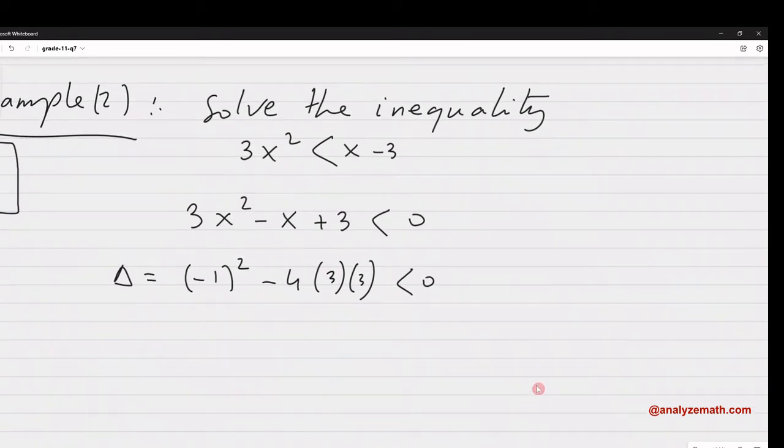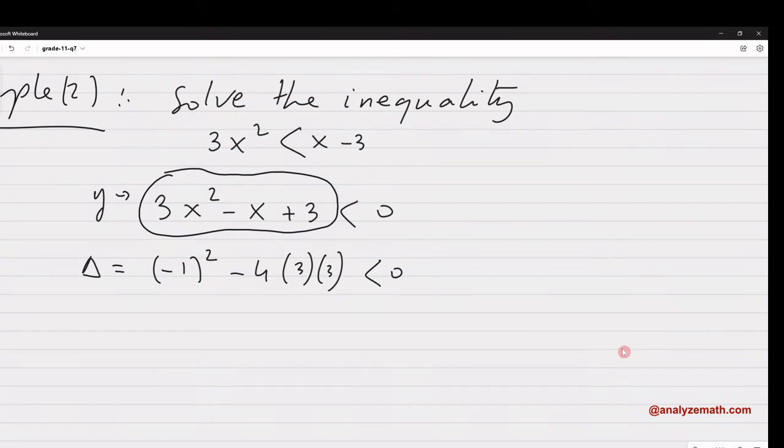Now let's look at this graphically before we move on. Graphically I look at this function here, which is a parabola. It has the leading coefficient positive, so it's a parabola that goes up but doesn't cut the x-axis.